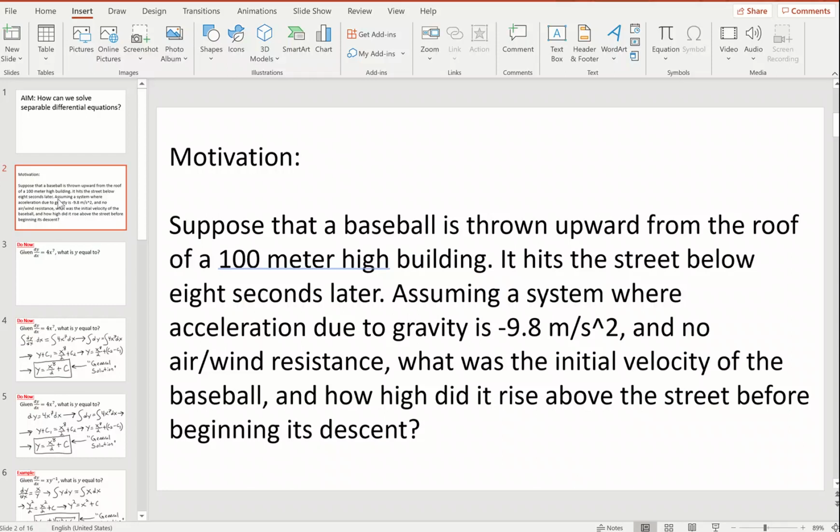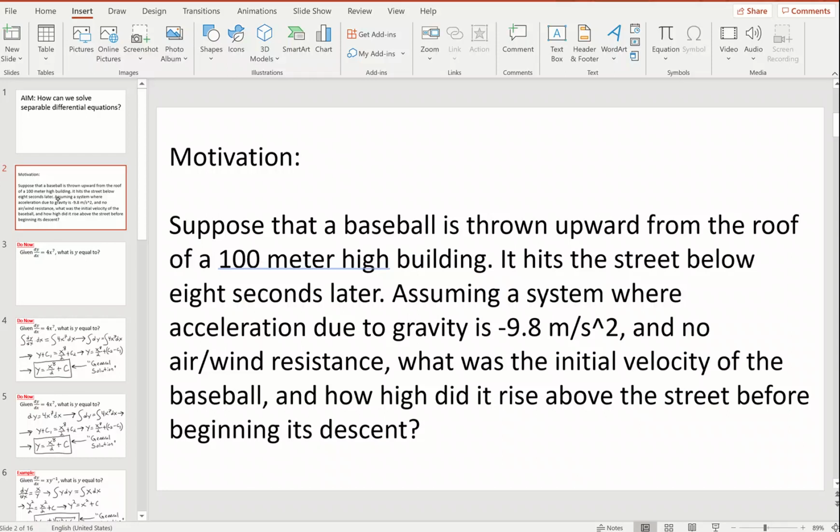All right, so assuming you paused and read through this, you'll notice there's a lot of information given. The first sentence deals with a position function, right? The baseball is thrown upward from the roof of a 100-meter high building.